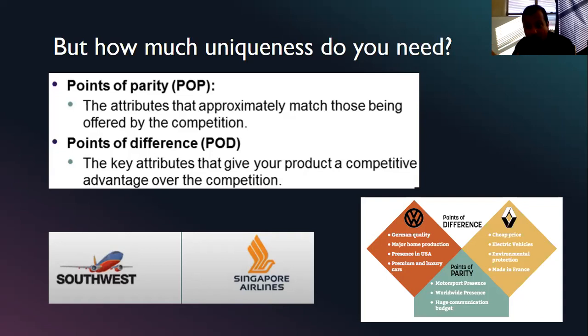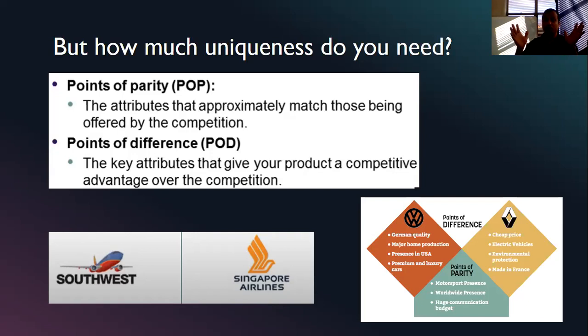Whereas for Renault, it's a relatively moderate or cheap price. They are also in electric vehicles, keeping in mind environmental protection, and it is made in France. So the idea is to have some sort of combination of points of parity and points of difference. Both are important.